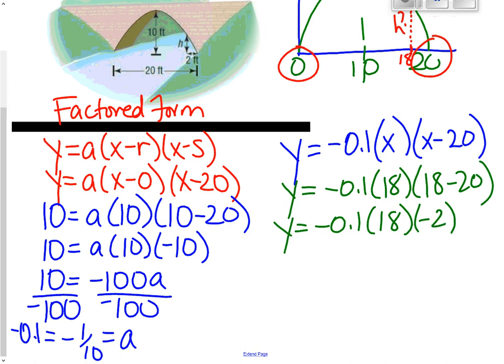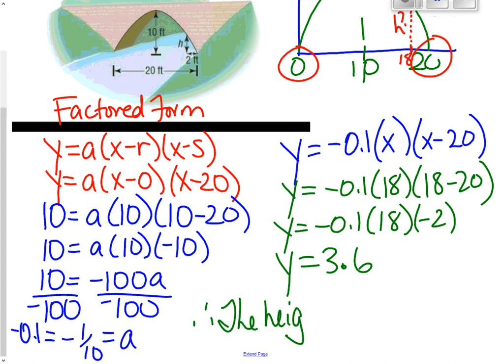And now with my calculator, I'm going to go negative 0.1 times 18 times -2, and I get 3.6. So therefore, the height is 3.6 meters. Okay, notice we couldn't actually, or feet. I guess we're not talking about meters, we're talking about feet.